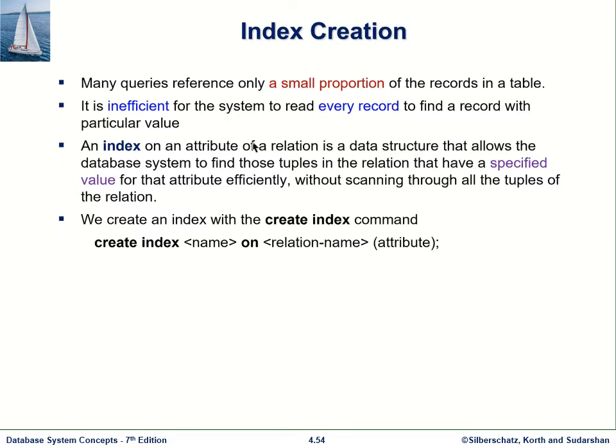So in fact, how about this: for students belonging to different departments, we create an index for each of them. That means we create an index with respect to the department name, DPT, and the name. So we have computer science, we have history, we have geology, and so on.